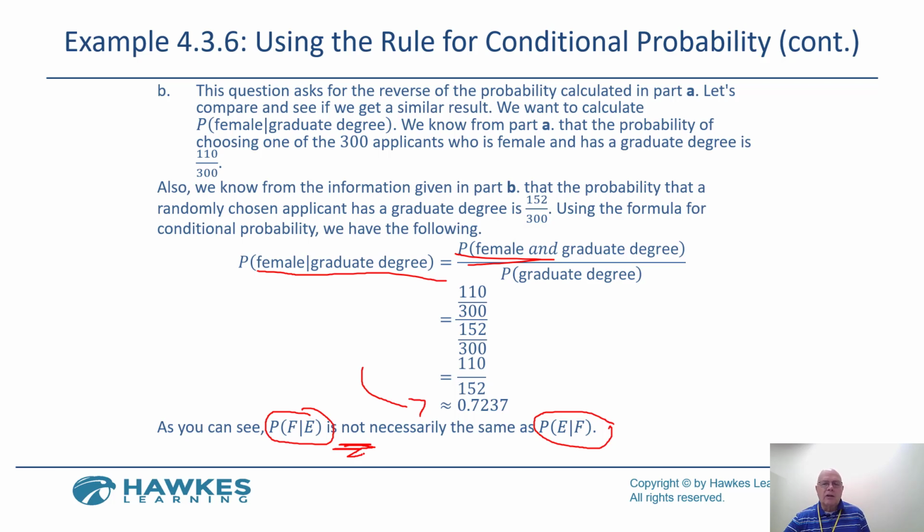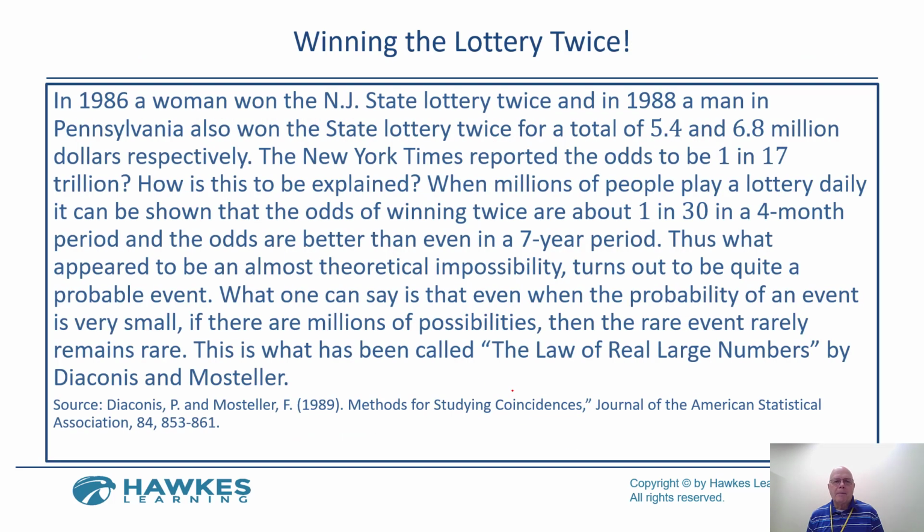In unusual circumstances, it could be, but you can't calculate them the same way. Remember, the second item here is the given, and we'll have that probability on the bottom. On the top will be the and statement, and that'll lead us the way to get our correct answer.